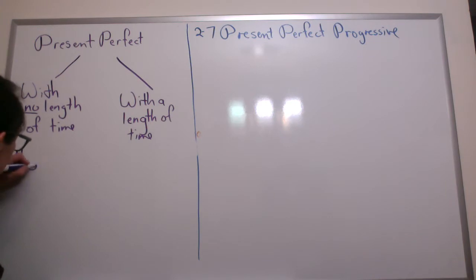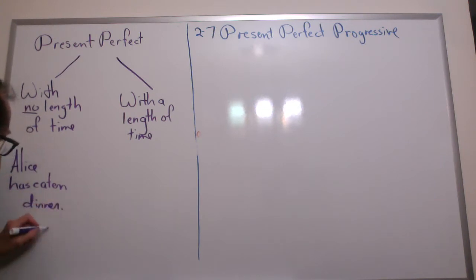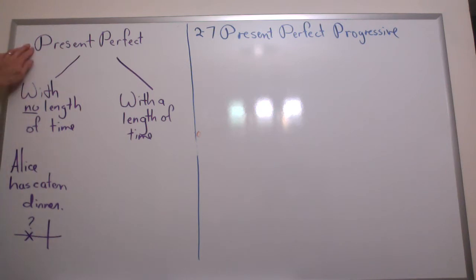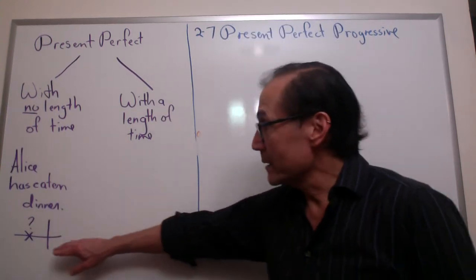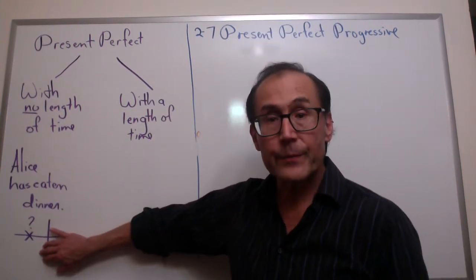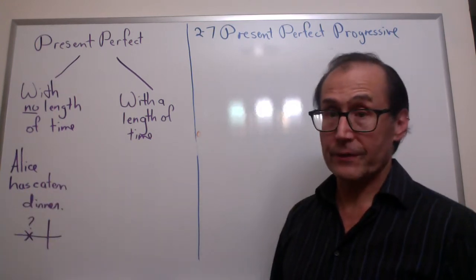You'll remember if I use present perfect with no length of time, like if I say, Alice has eaten dinner, that means that this action happened in the past, but the time is not clear. And we usually use this present perfect with no length of time for situations where the action happened recently, or when we're talking about somebody's entire life.